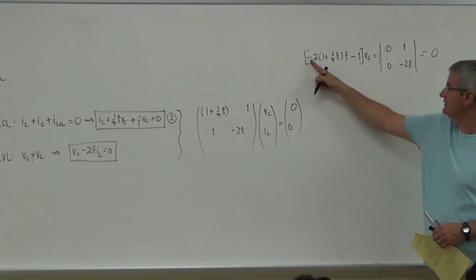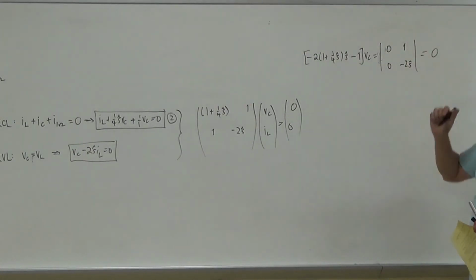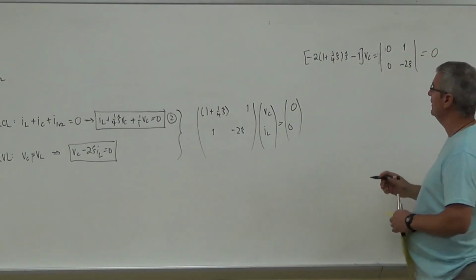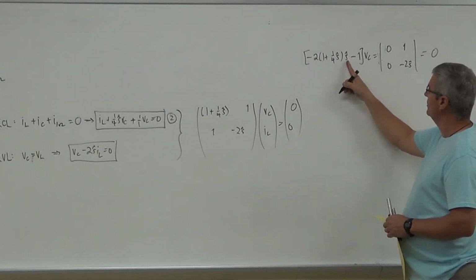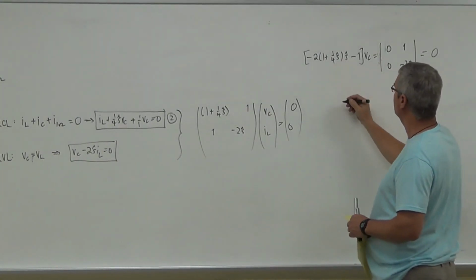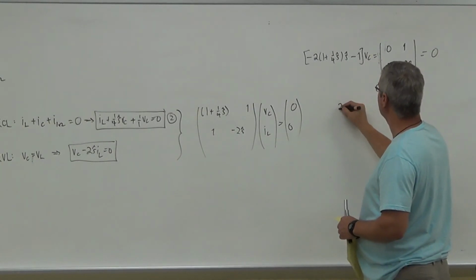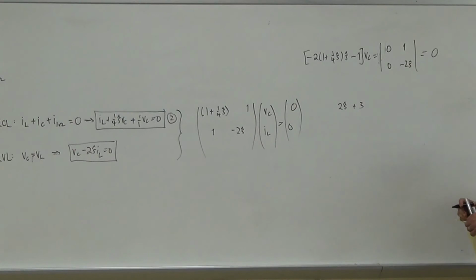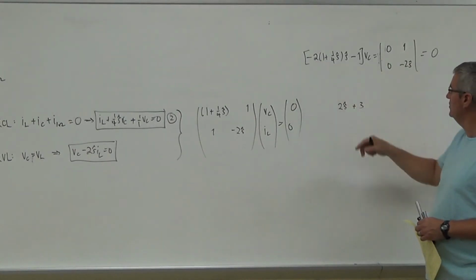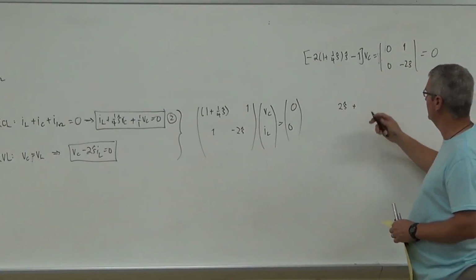See that minus sign, I'm going to get rid of that. So if I do that, I'm going to get the following. The first term here, I'm going to get 2s hat plus 3. Is that right? Right? That gives me plus 1.